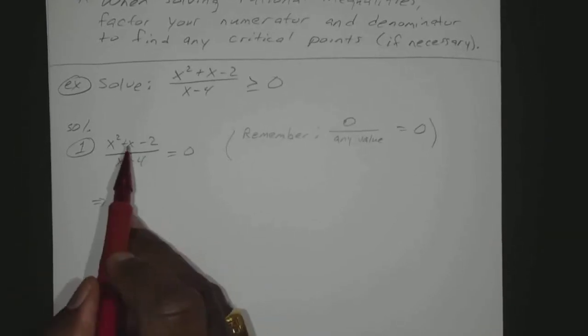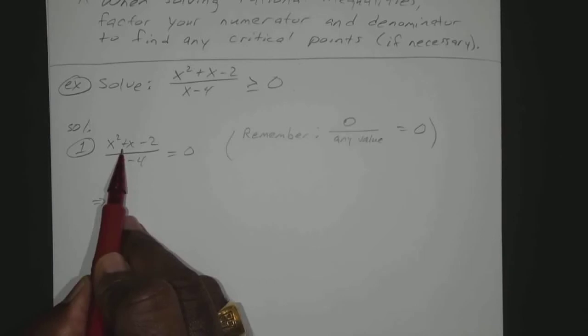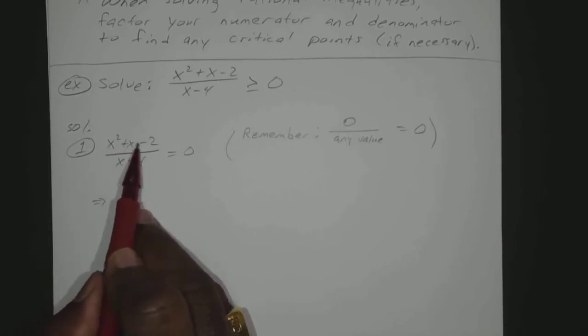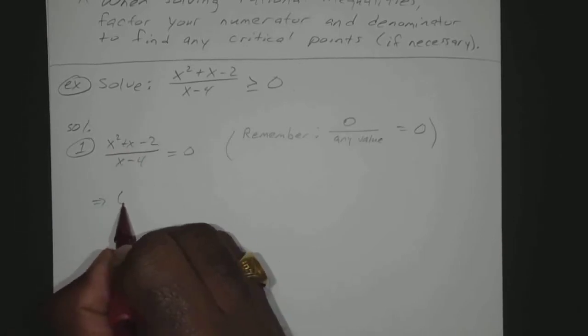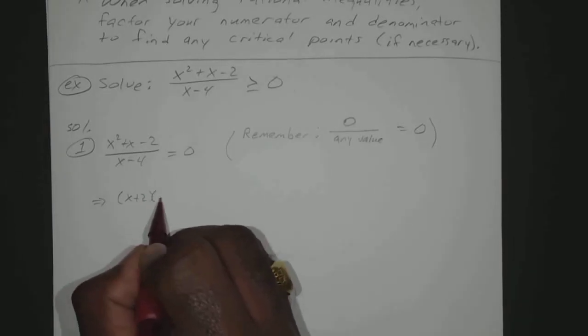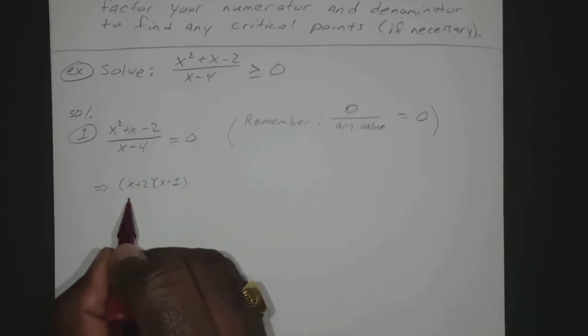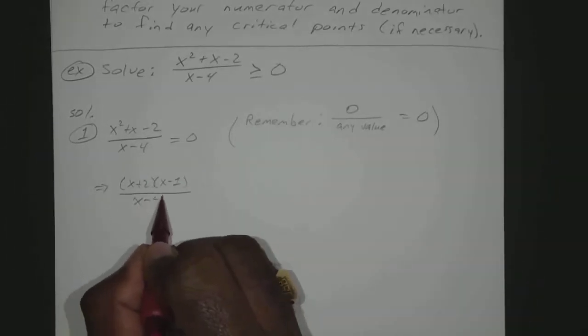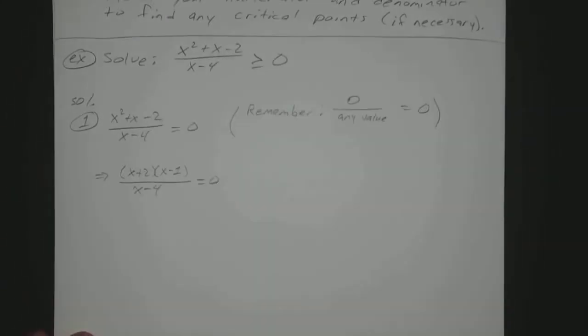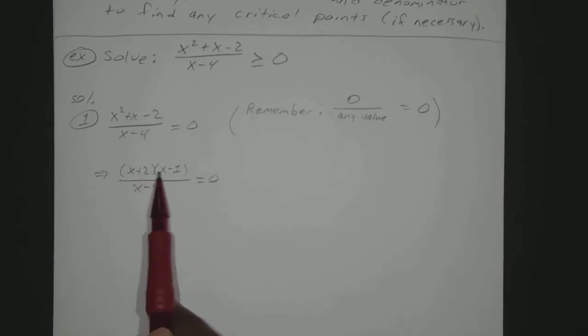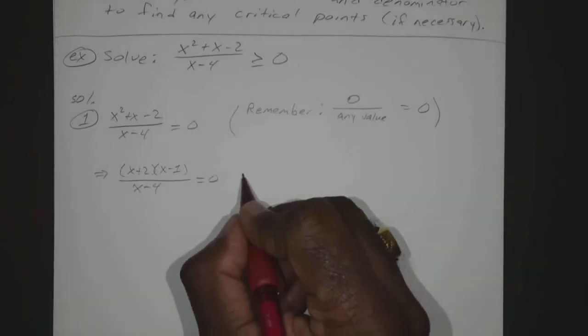So that means here, x squared plus x minus 2 actually factors out to x plus 2 times x minus 1 all over x minus 4 equals 0. Okay. Which means for this to equal 0, either one of those could be 0. So as long as your numerator is 0, this will equal 0.